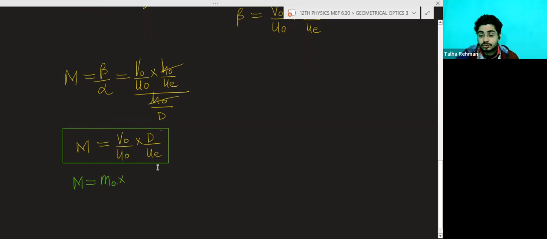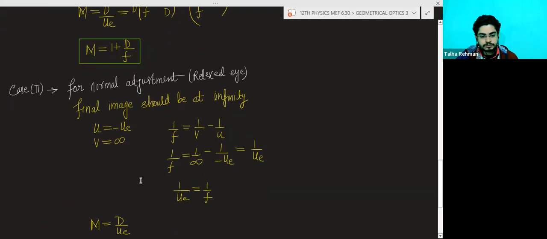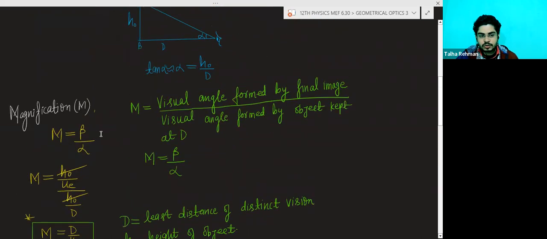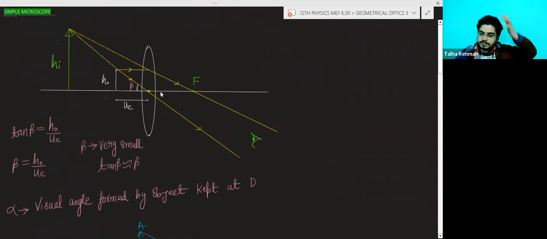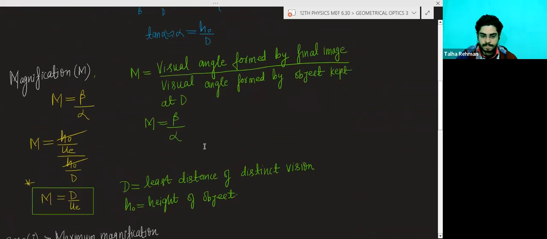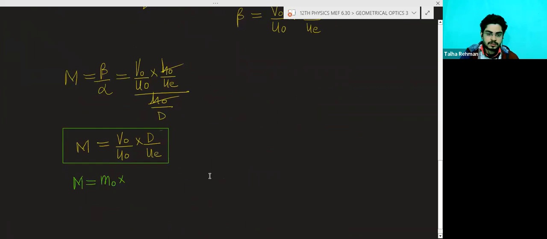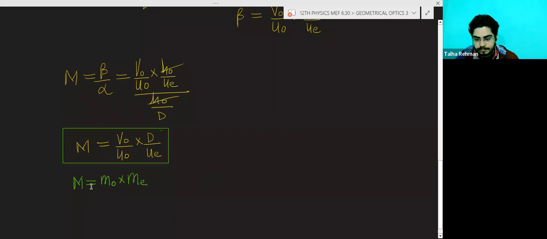And what is d by ue? d by ue is the magnification of the simple microscope, that is, the eye lens, sorry, the eyepiece lens. So the magnification of the compound microscope is equal to the magnification produced by the objective lens multiplied by the magnification produced by the eyepiece lens.